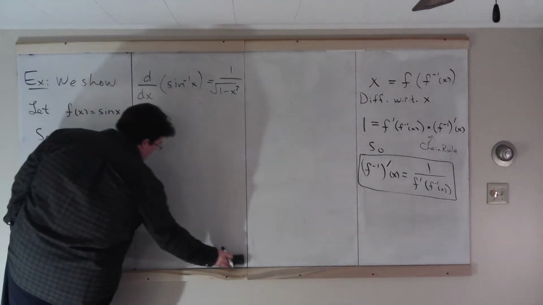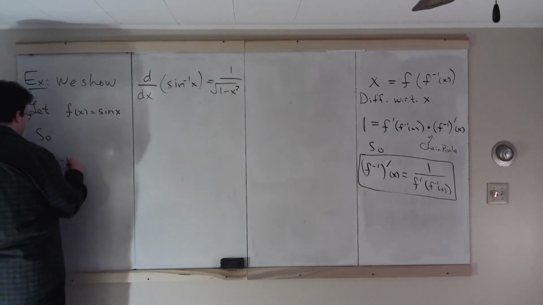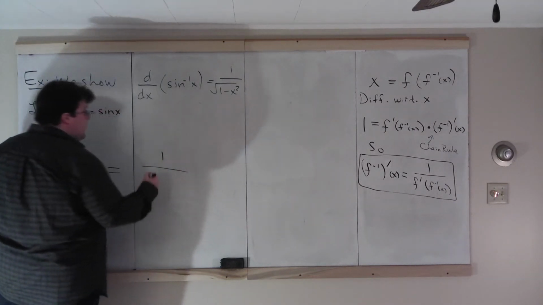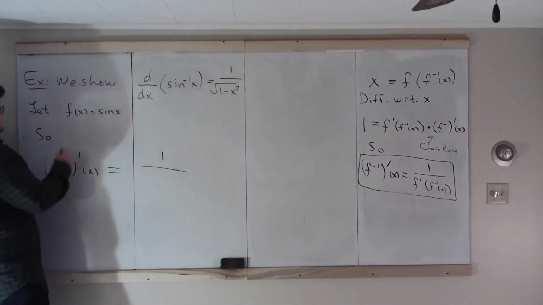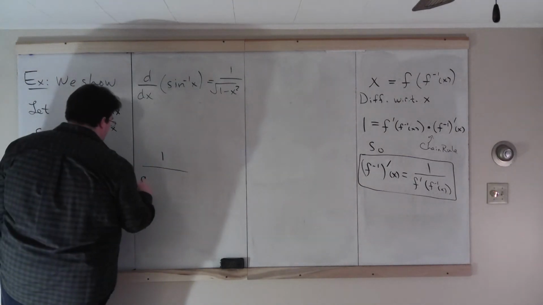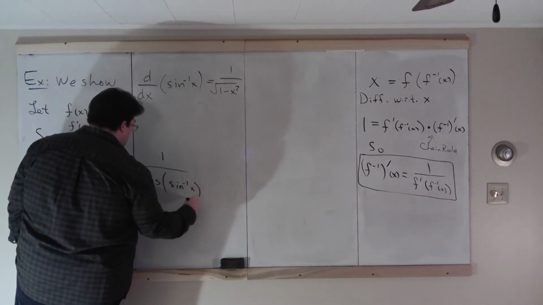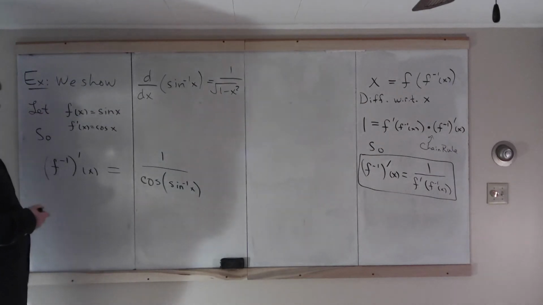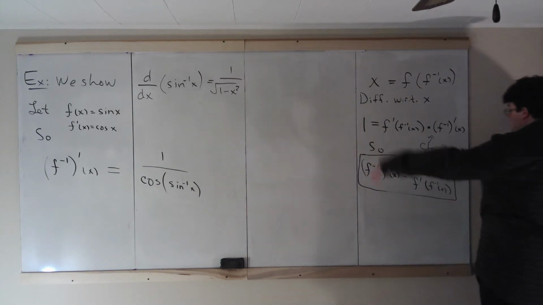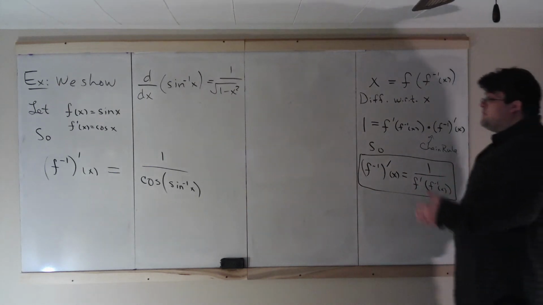There are too many exponents here. So f inverse prime of x is given by 1 over f prime of f inverse. What's f prime of x? Well, the derivative of sine is cosine. So 1 over cosine of f inverse, so cosine of sine inverse of x. So if f is sine, the derivative of sine inverse, which I left as f over there, is 1 over f prime of f inverse, 1 over cosine of sine inverse of x.